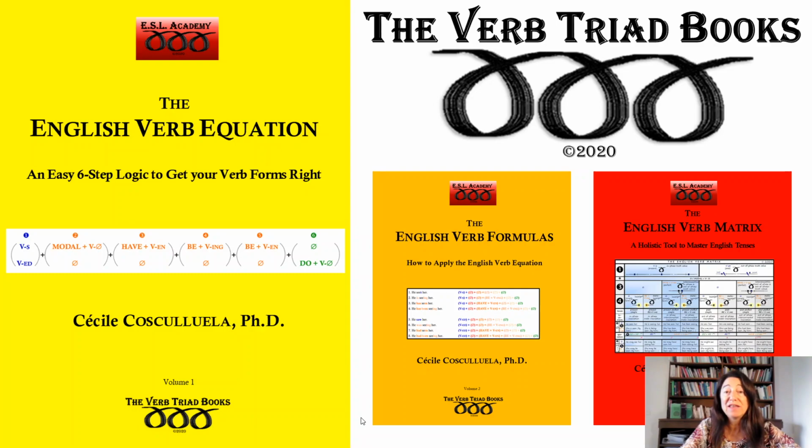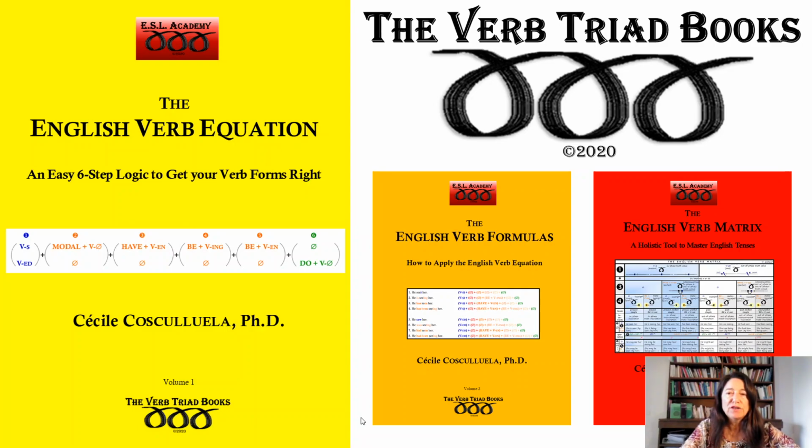Okay, so actually these 3 books are meant to enable students of English as a second language to feel completely at ease when it comes to forming verb phrases, verb groups.